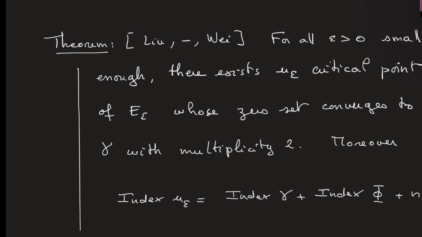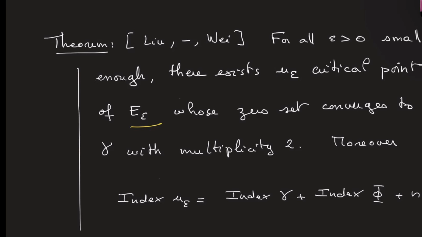The manifold you start with is a surface. And then what you get is that for all epsilon small enough, you can find a critical point u epsilon of the Allen-Cahn energy, whose zero set, in fact, consists of two normal graphs, almost symmetric with respect to the geodesic gamma. And the zero set converges to gamma with multiplicity 2.